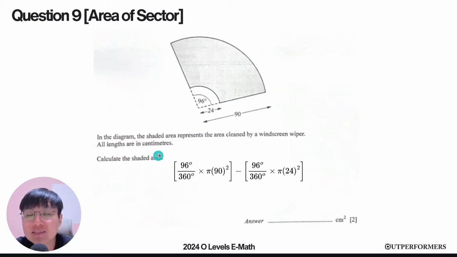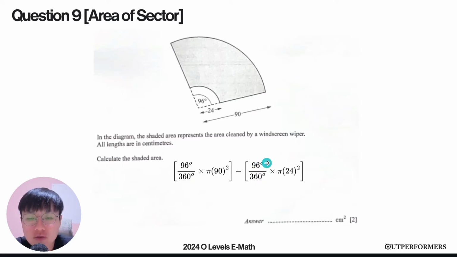Currently, since it's already in degree mode, I decided to find the proportion of the sector, which is 96 degrees over 360 degrees, multiply with pi r squared. So that will be the circle over here.